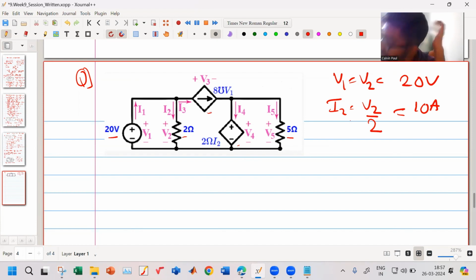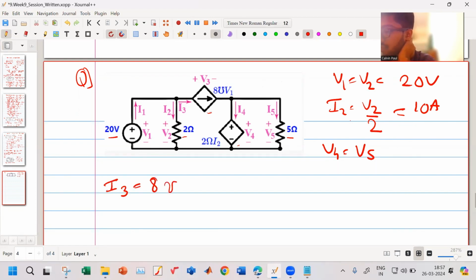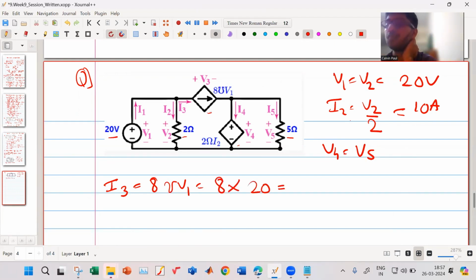V4 is equal to V5 similarly. Sir, then I3 is equal to 8 V1. We know V1, so 8 into V1 is 160 amperes.